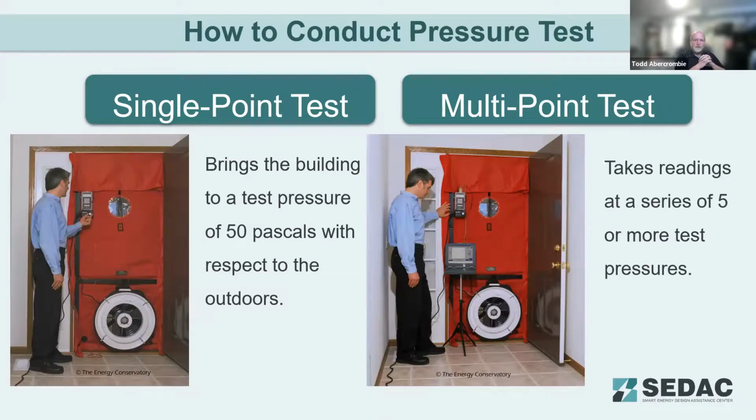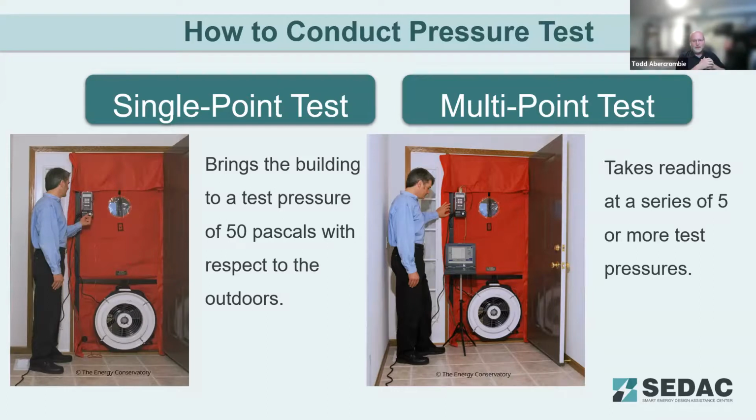There are a couple of different test methods that these blower door standards will reference. One is called a single point test and the other a multi-point test. With a single point test, you simply bring the building to a test pressure of 50 pascals with respect to the outdoors, and then you look at the other side of the manometer to get your test result.